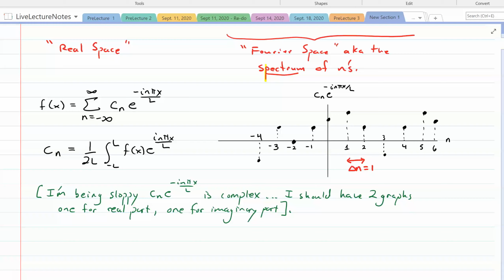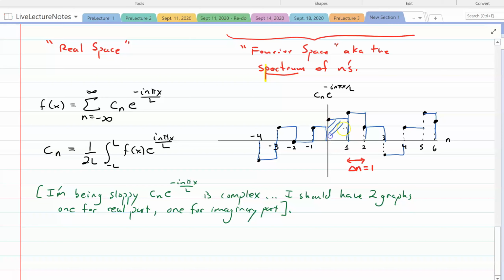Now, what I'm going to do here is draw in some bars. Let's draw in some rectangles. Let's say, for example, I add a rectangle here, and then a rectangle here, and here, here, here, and so on. What is the area of each of these rectangles?